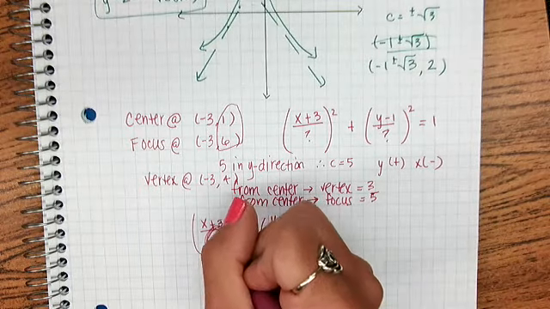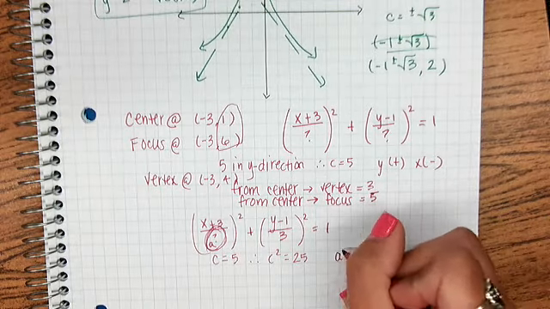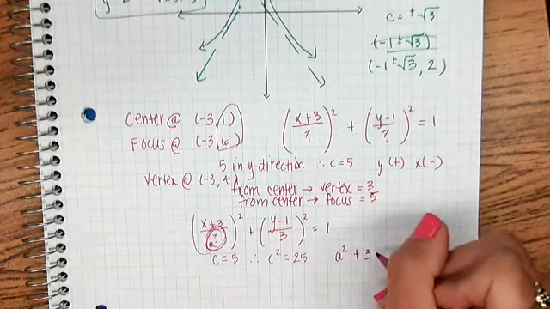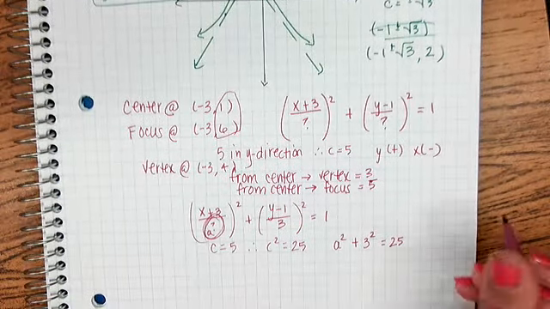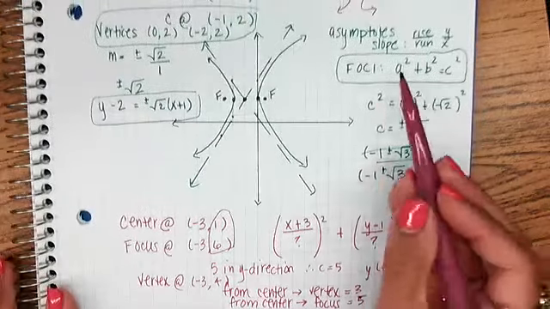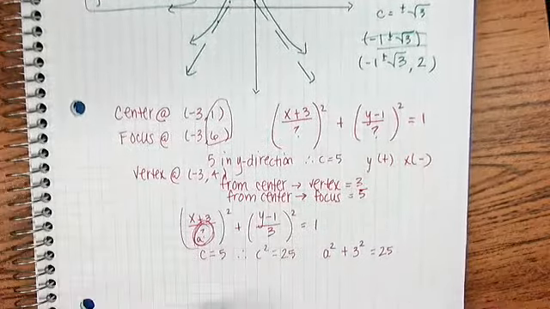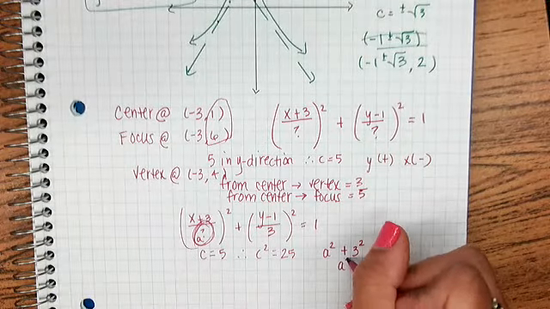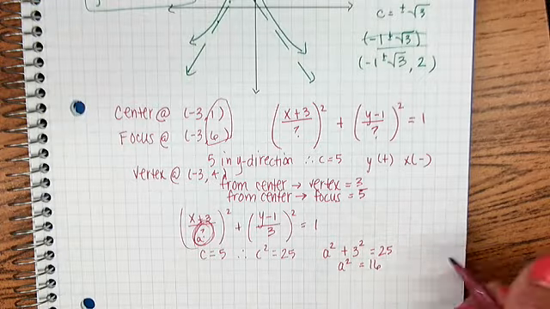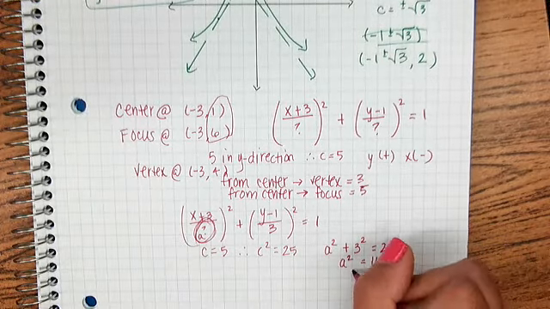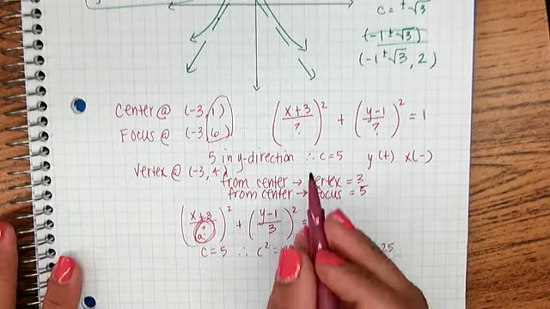Whatever, I'll call it a. a squared plus 3 squared equals 25. Formula for the foci, I'm just plugging in. a squared is 25 minus 9, 16. Oh, it's a 3, 4, 5. a is 4. That is the denominator on x.